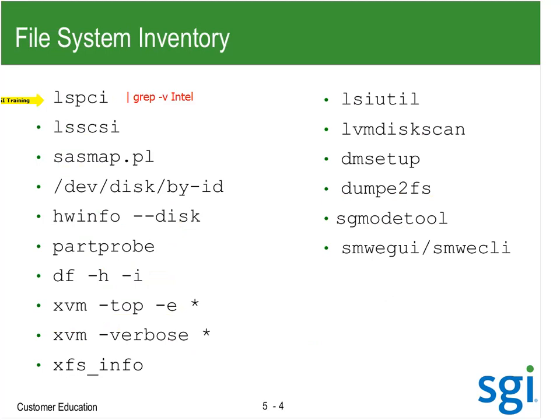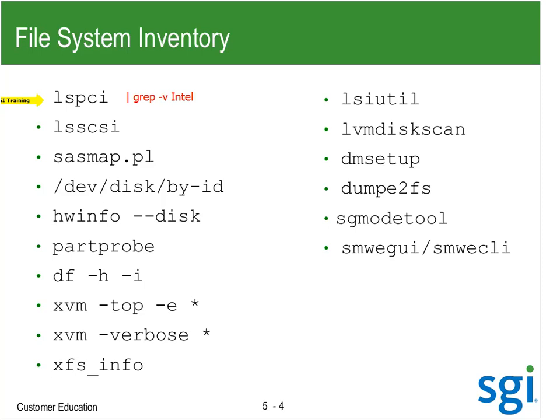But, yeah, you do that a lot. Do you follow me, Thomas? There's a lot of Intel stuff in there, and we try to get rid of that noise. But then you end up saying, oh, I have no Ethernets. Yeah, but again, we're in the file system inventory area. So I don't disagree with you. But the Intel stuff gets real noisy, so we kind of like to filter it out.